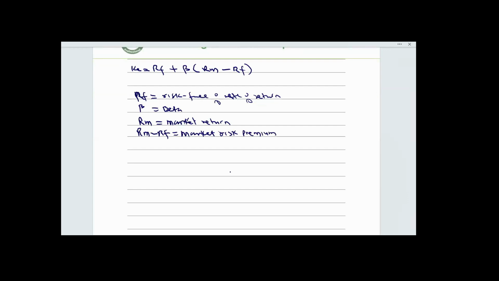So when you are given market risk premium, there is no need for you to minus risk-free rate of return again, because the difference between RM and RF is already market risk premium. So if you are given market risk premium, just put the number there. Don't minus risk-free rate of return again. Ufoma, do you get it now?